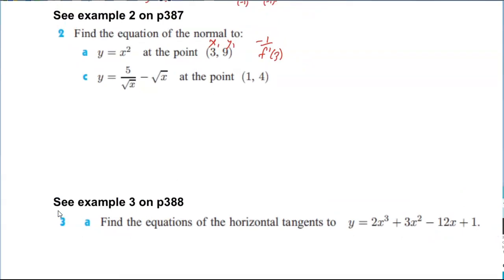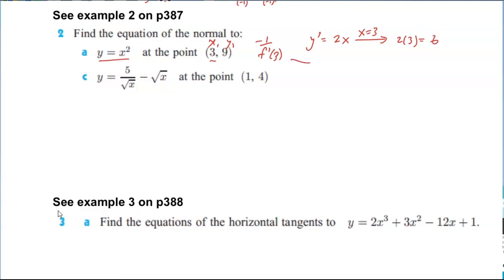Our derivative is going to be 2x. Plugging in x equals 3 gives us 2 times 3, which is 6. So our tangent line equation would have a slope of 6. Our normal line would have -1 over 6. So that's going to be our slope.